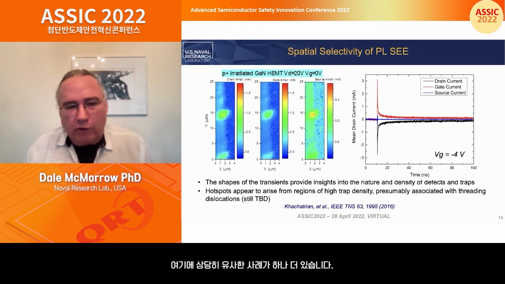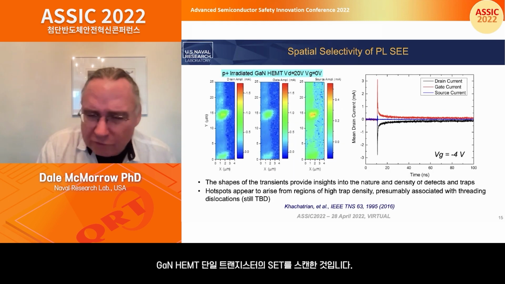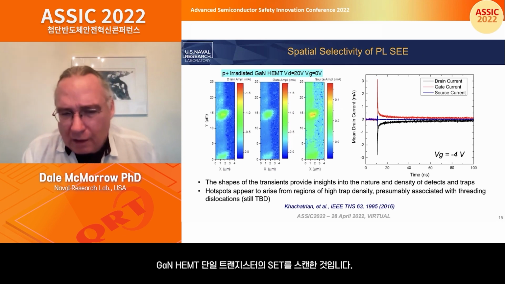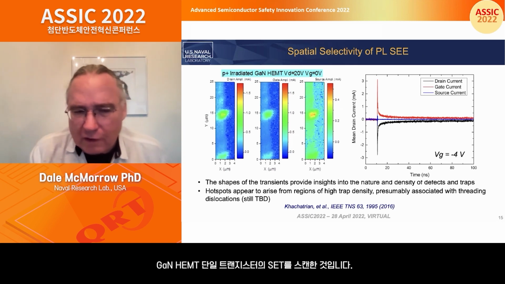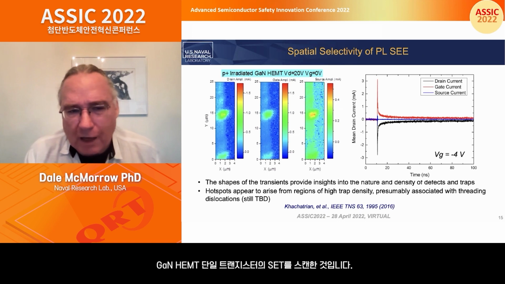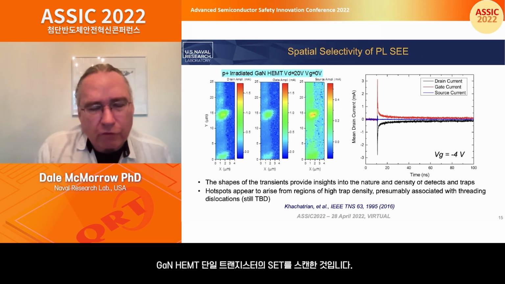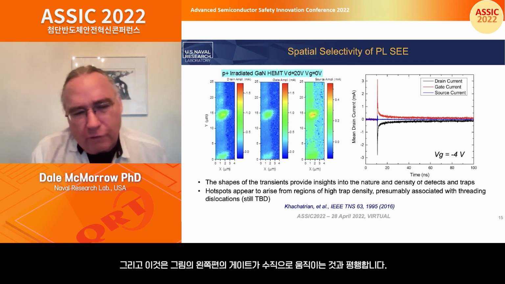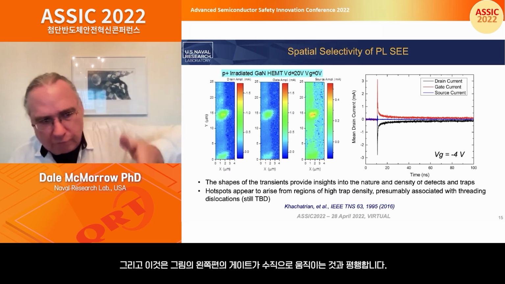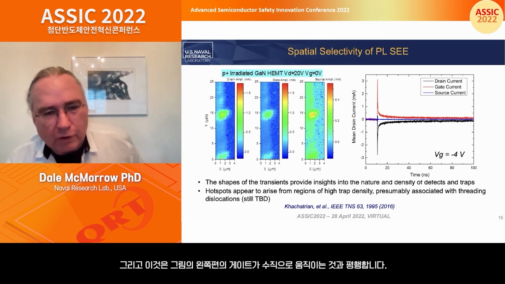Okay, here's one more example. This is something quite similar. This is a scan, an SET scan. In this case, though, it's a gallium nitride HEMT, and this is just a single transistor. So you can see the scale. It's about 25 microns on the side. And this is parallel. The gate is running vertical on the left-hand side of this figure.